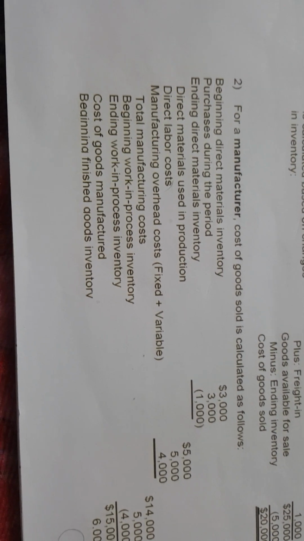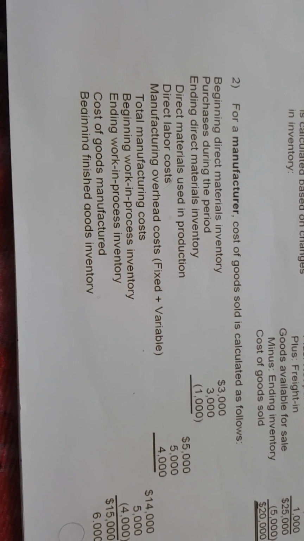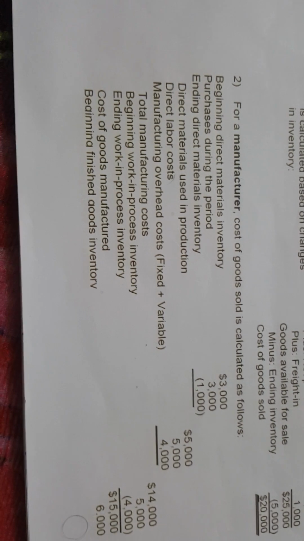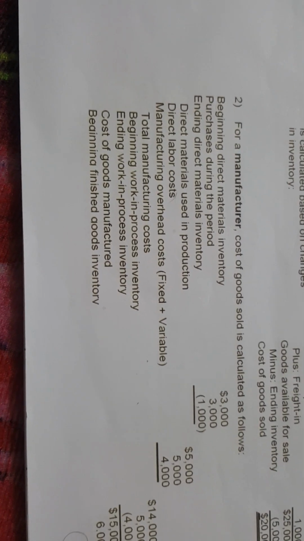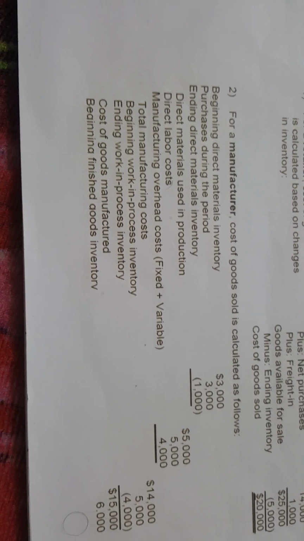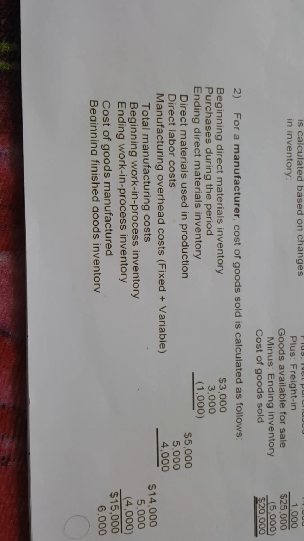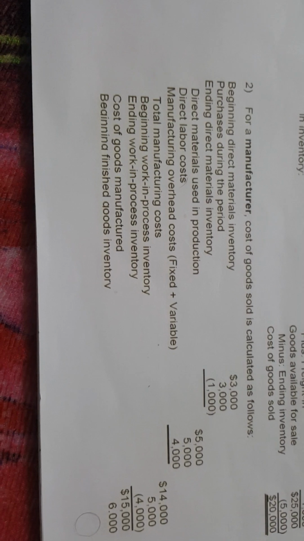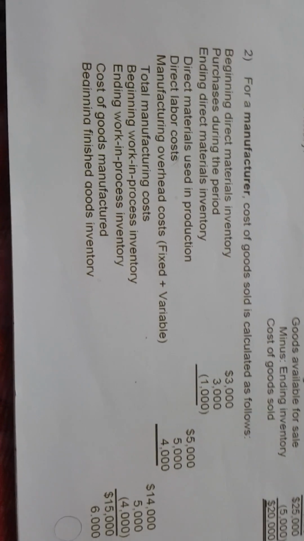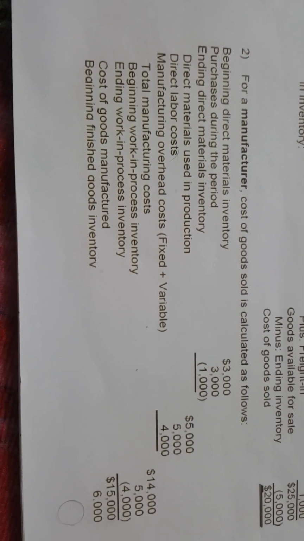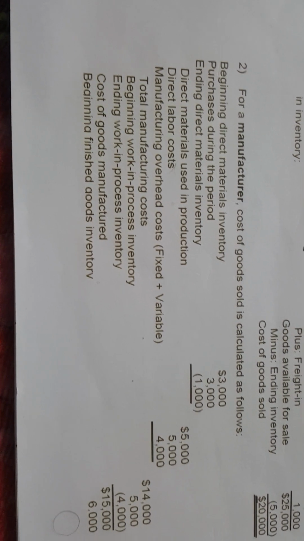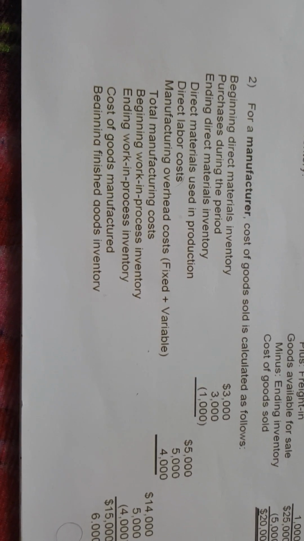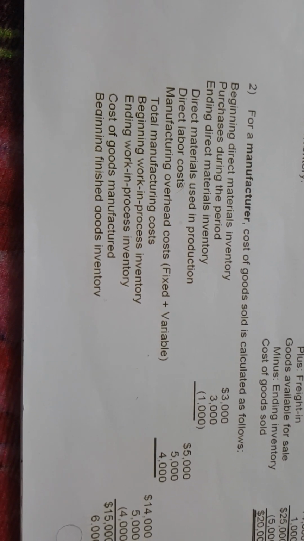So whatever amount you used, direct material used in production is there, and in that you will add direct labor, okay, and manufacturing overhead. In the manufacturing overhead there are fixed and variable overheads. About this overhead we have a topic in a later few classes. So direct labor cost and manufacturing overhead, if you add to the direct material used, you will get the total manufacturing cost.